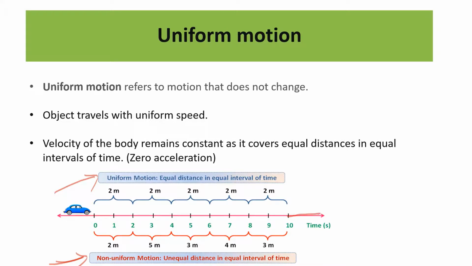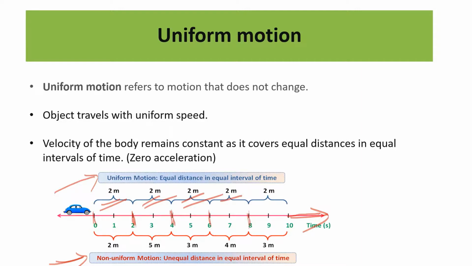This is the time axis, and distance is shown here. For example, from 0, 1, 2, for these two divisions, the distance is 2 meters. For the next 2 seconds, 2 divisions, 2, 3, 4, it is 2. Again, for the next 2, it is 2.